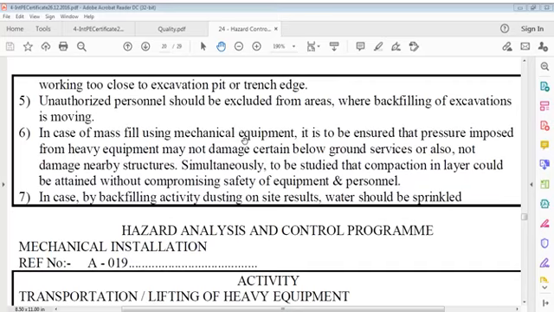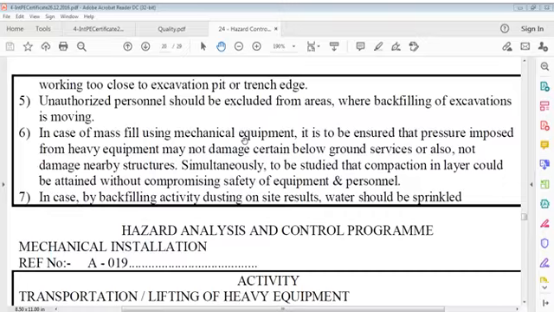In case of mass fill, using mechanical equipment, it is to be ensured that pressure imposed from heavy equipment may not damage below ground services or nearby structures. Means this may damage existing structures also.